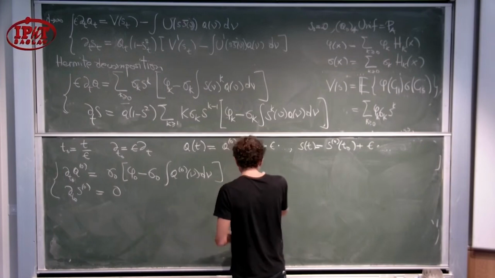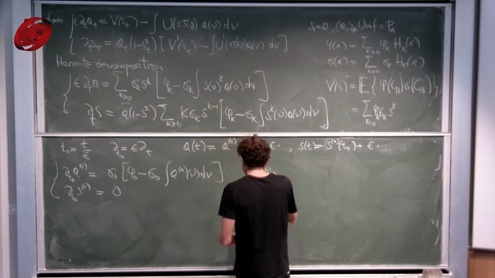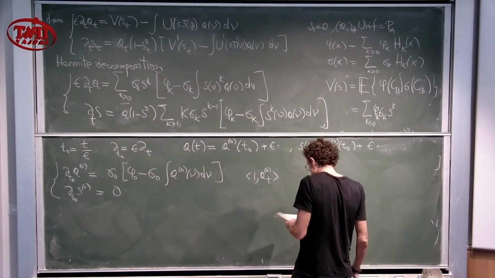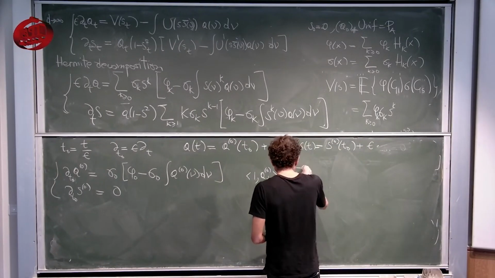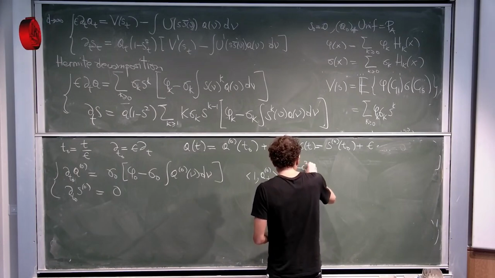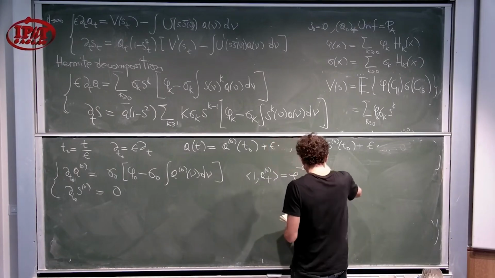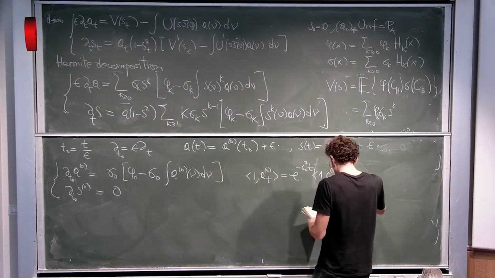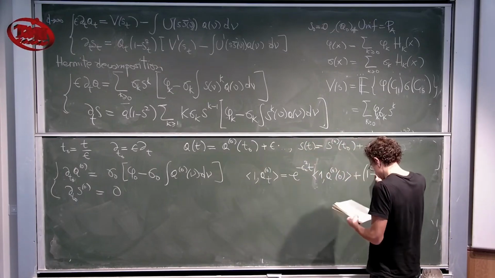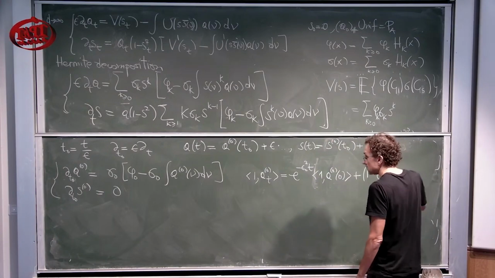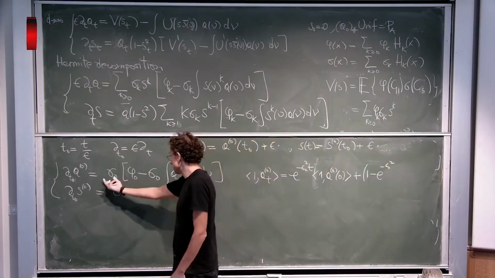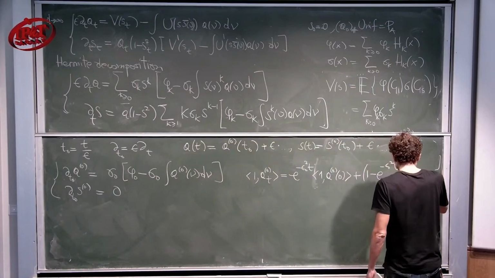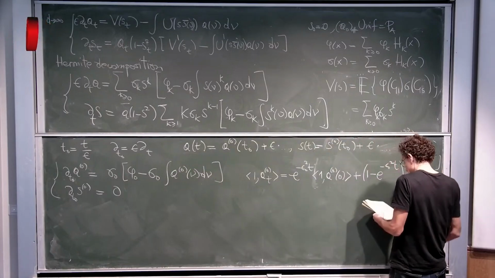If I call this the scalar product of the function 1 and A0, this will be e to the minus sigma 0 squared times T times the initial value, plus 1 minus e to the minus sigma 0 squared T times phi 0 divided by sigma 0.